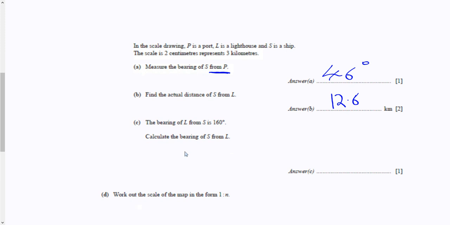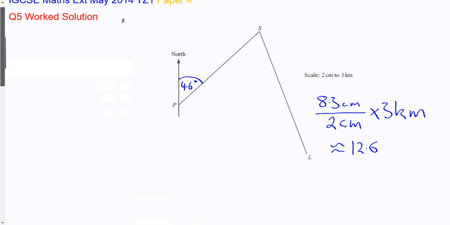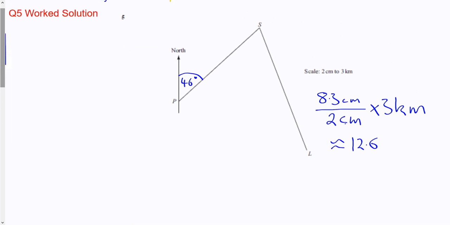All right, let's look at part C. Part C is saying that the bearing of L from S, remember that language is important, from S, is 160 degrees. Calculate the bearing of S from L. So L from S is 160 degrees. Now, if we're talking about bearings, I'm going to be drawing that up, so we know that that's north there, little compass hairs there.